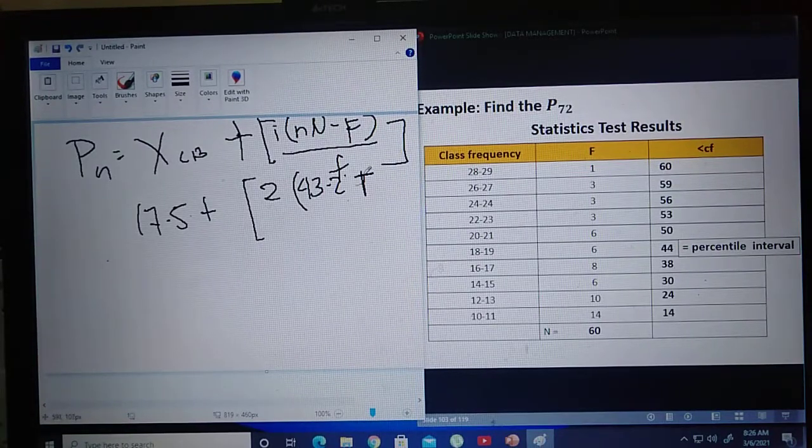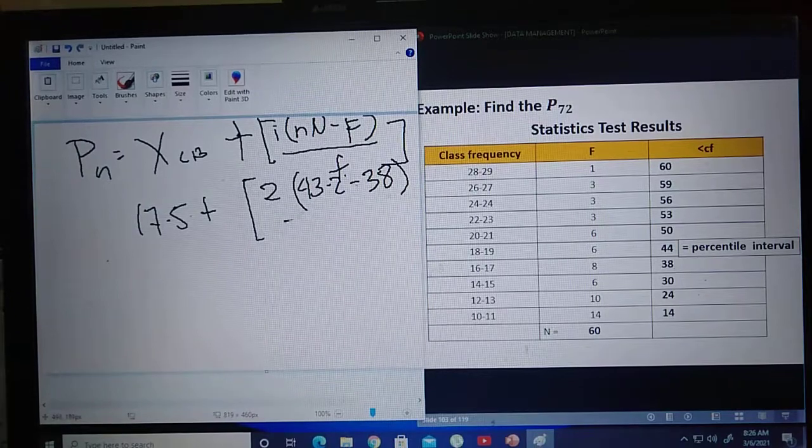Okay, wait lang. So, our capital letter F is 38, that is the cumulative frequency before the percentile interval, which is 44.